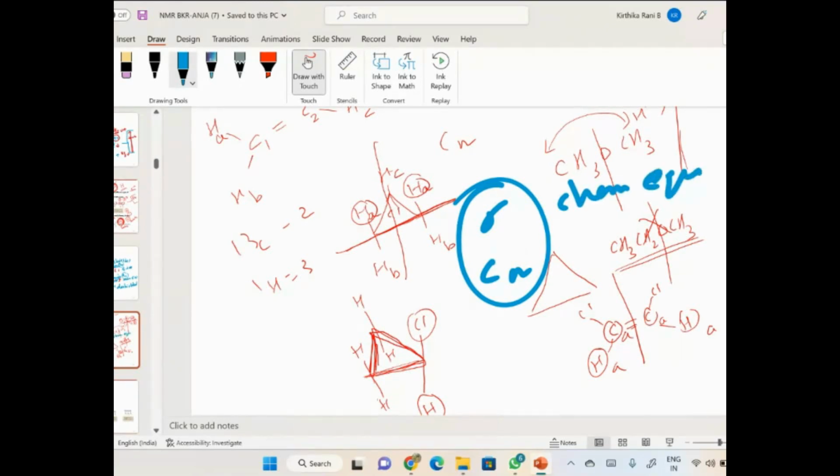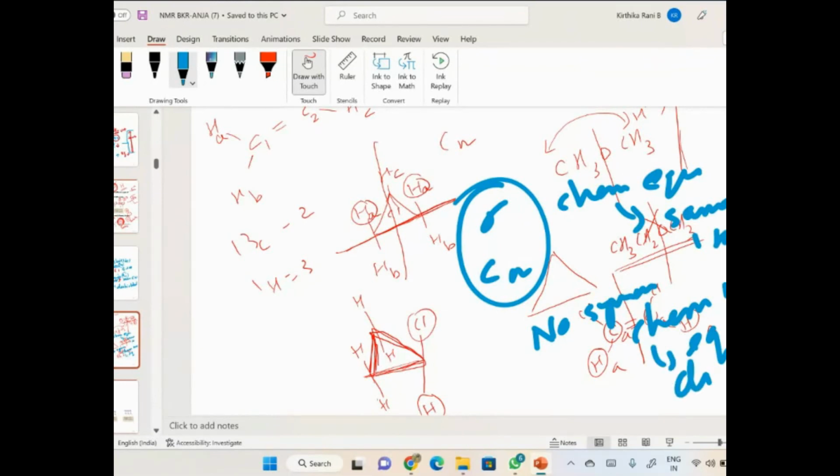If I cannot use any symmetry element, then they are chemically non-equivalent. Chemically equivalent protons will give you the same proton signal. Chemically non-equivalent protons will give you different signals.